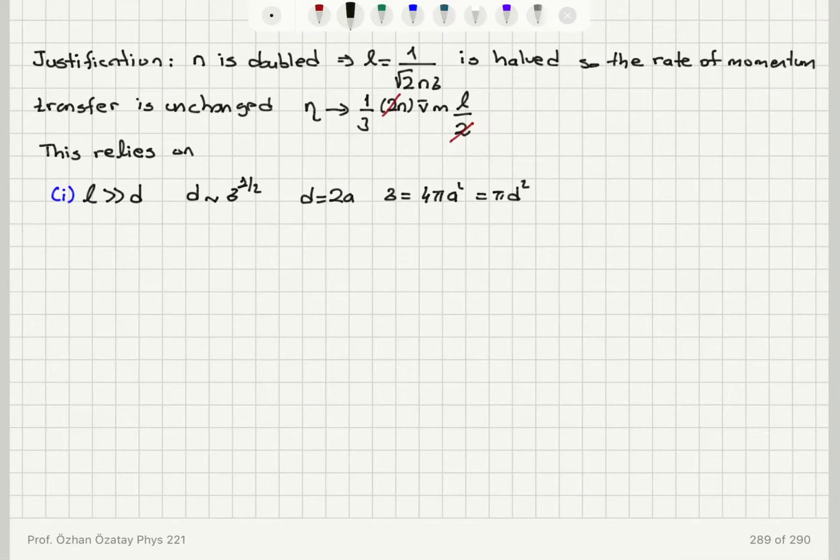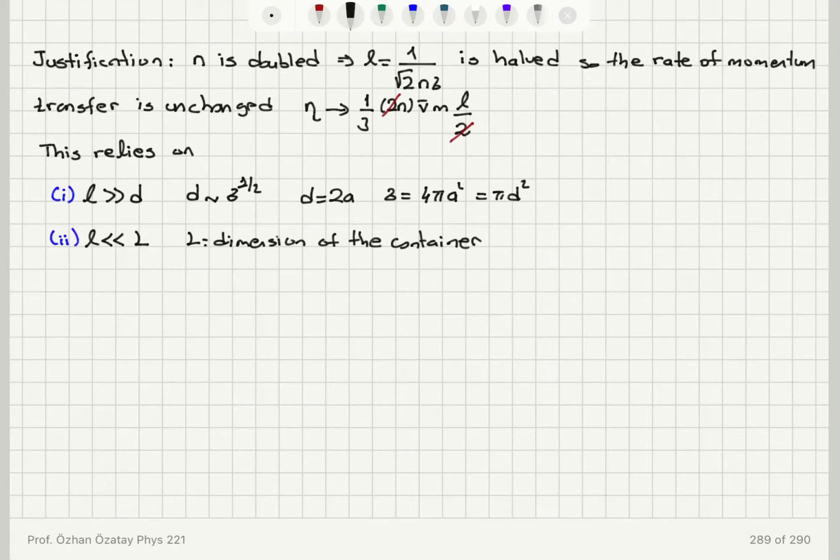Now the second assumption here is that the mean free path is much less than the dimensions of the container. So L is the dimension of the container, the length of the container.